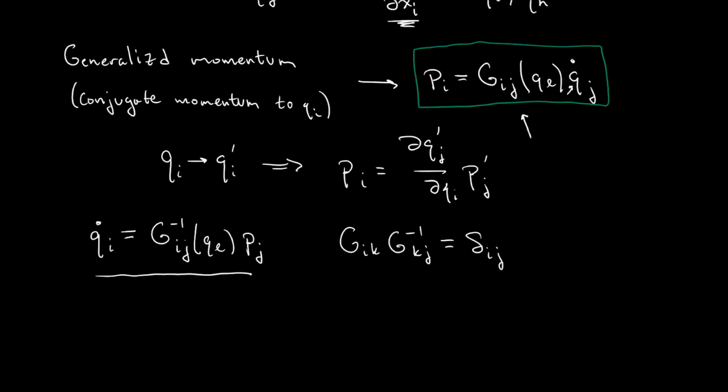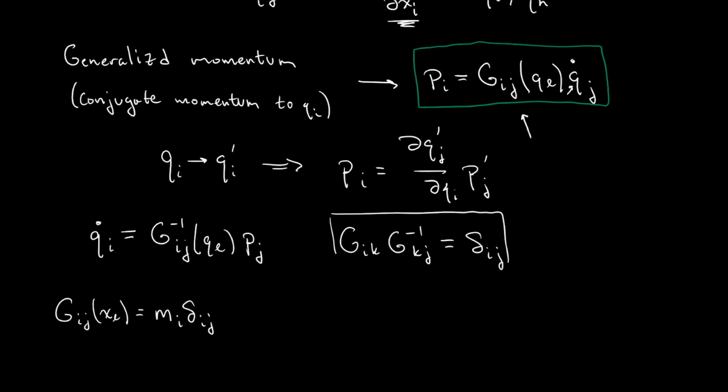Okay. So in particular, in Cartesian coordinates, this G inverse is going to be, remembering that G_ij, call this x, is equal to m_i delta_ij, using this expression here, it's fairly straightforward to see that G inverse ij of x^l is equal to 1 over m_i delta_ij.